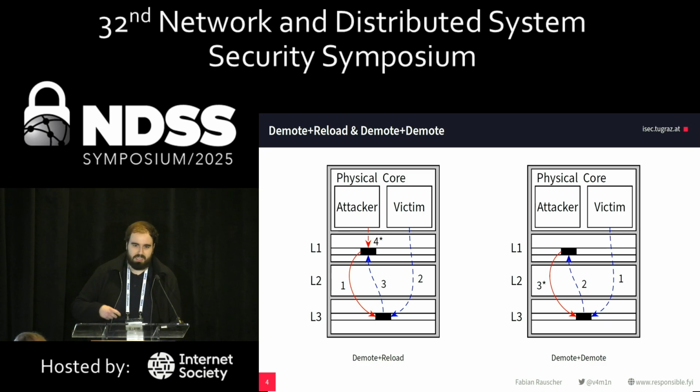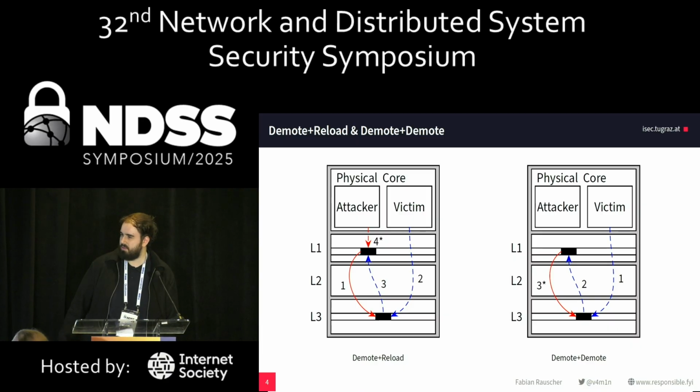If the attacker later measures the access time for the cache line, it will be faster if it is in the L1. If it wasn't accessed by the victim, it's in the L3, so you can detect the difference. The other is Demote+Demote, where the attacker only performs CL-Demote on the cache line. Depending on if the cache line is in the L1 or not, the timings will differ again. It's slower to move a cache line from L1 to L3.